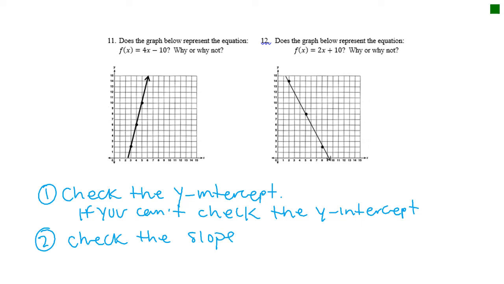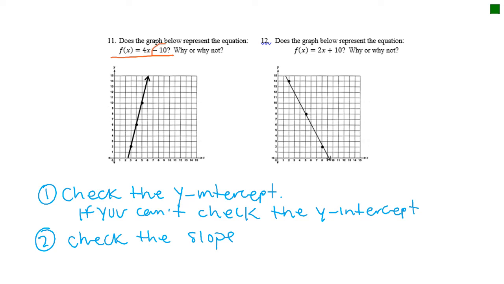What do I mean by that? They give us the equation here, and they ask, does the graph represent the equation? Why or why not? The very first thing I told you: check the y-intercept.